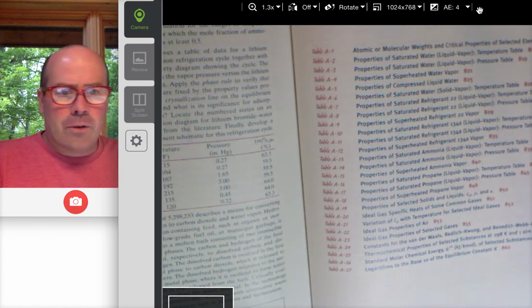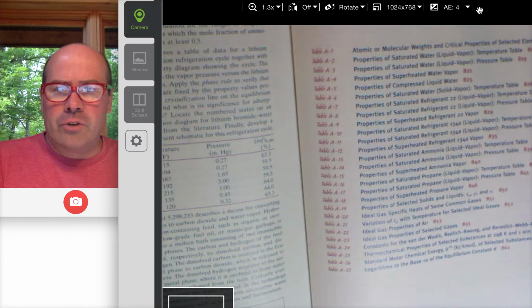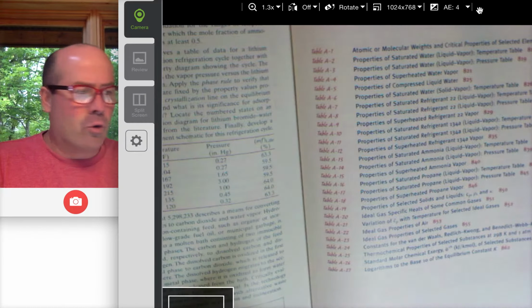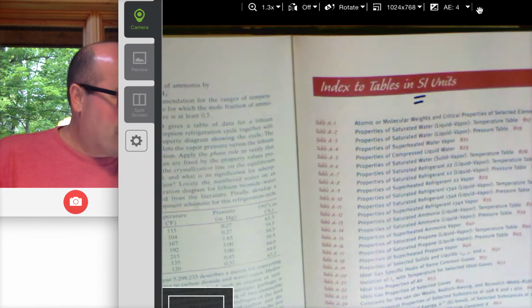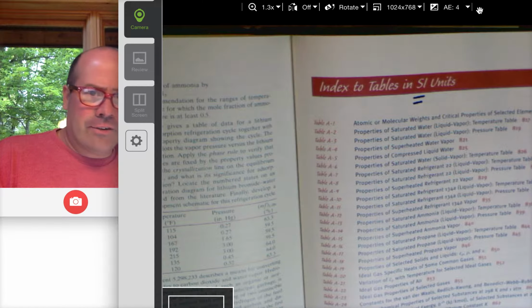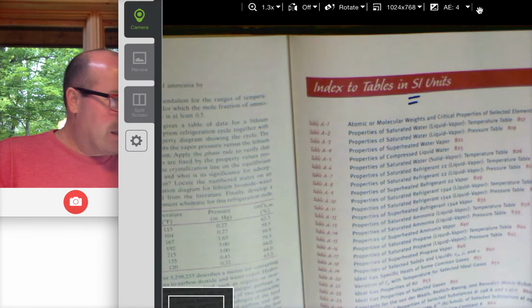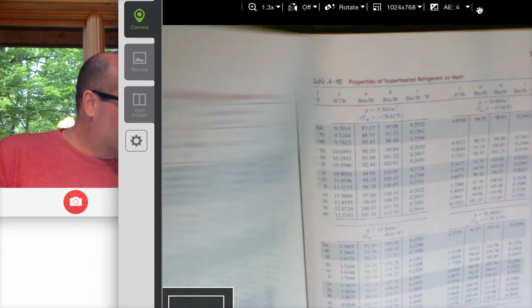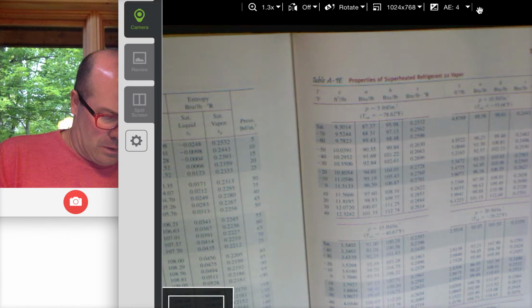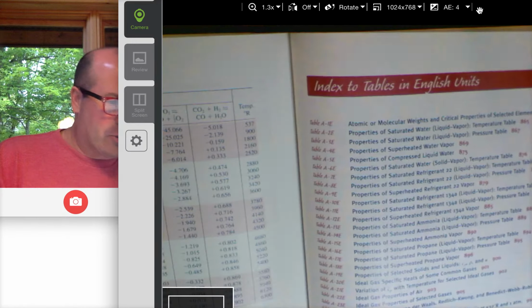First thing to note, other than page 815, is that the tables come in two forms. SI units, and that index is on page 815, and these are tables A1, A2, A3. And then, a few pages later, we have the tables in English units.